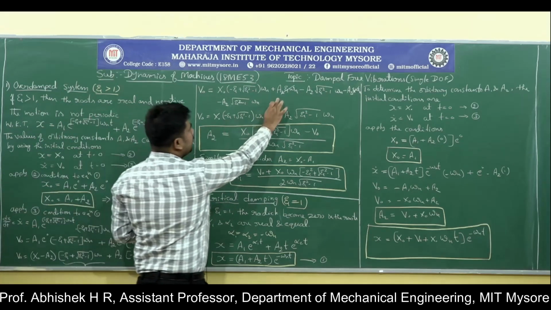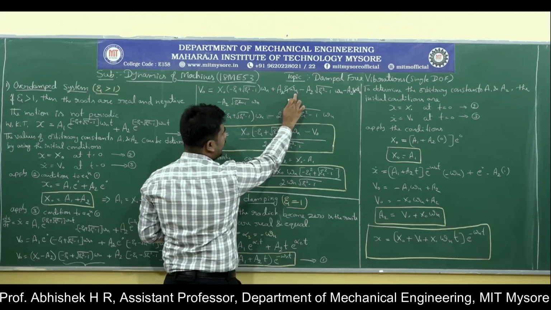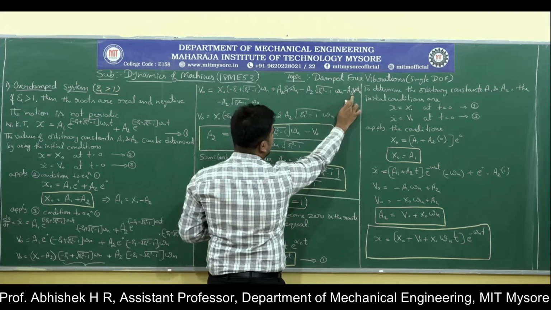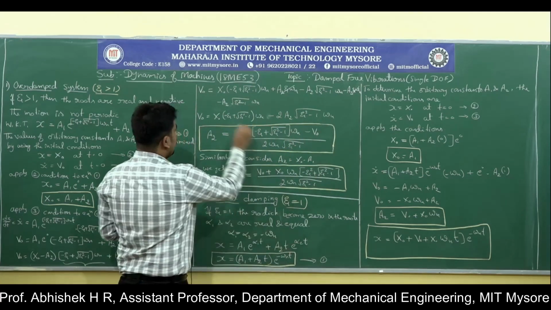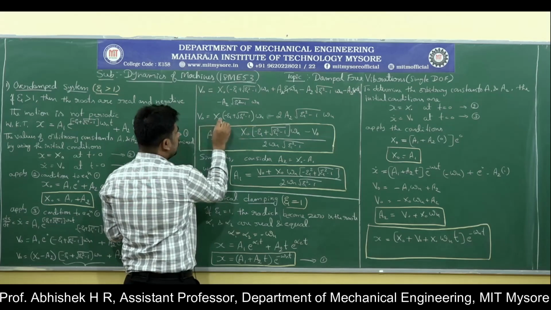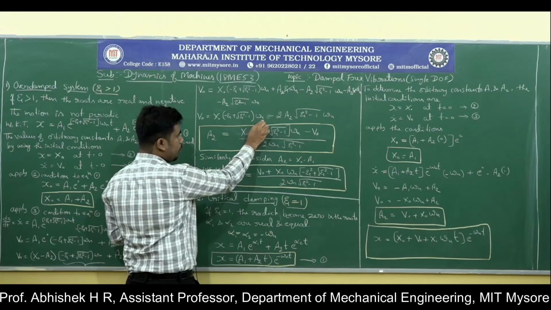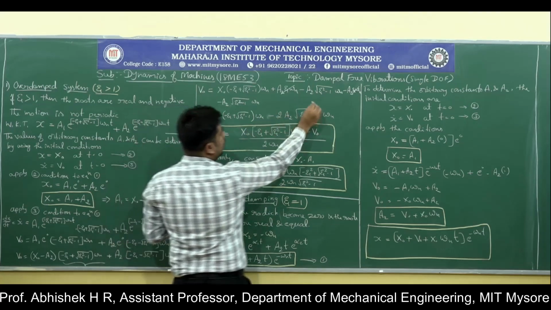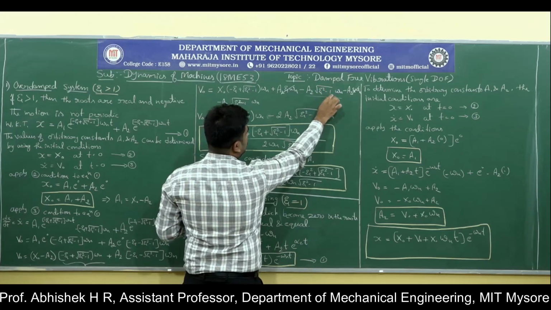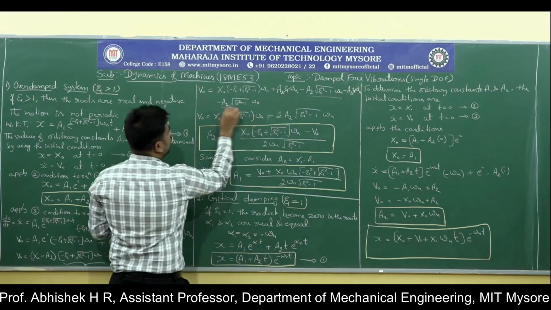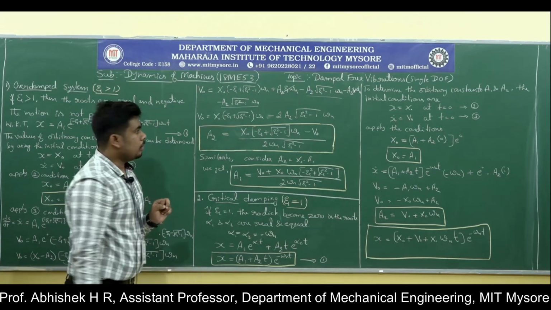Now from this step I have plus a2 into zeta into omega n and minus a2 into zeta into omega n. So I have cancelled the term. The remaining terms are v naught is equal to x naught into minus zeta plus square root of zeta square minus 1 into omega n minus, here I have a2 into square root of zeta square minus 1 into omega n, here also I have minus a2 into square root of zeta square minus 1 into omega n.